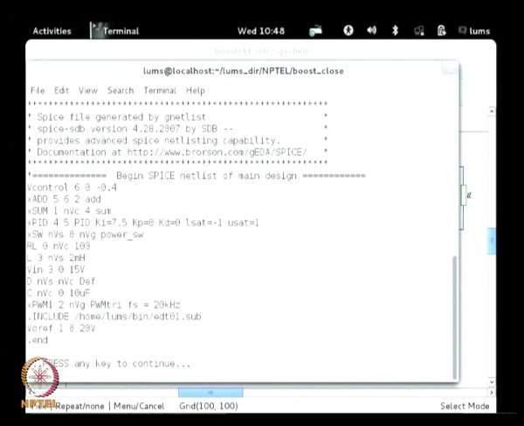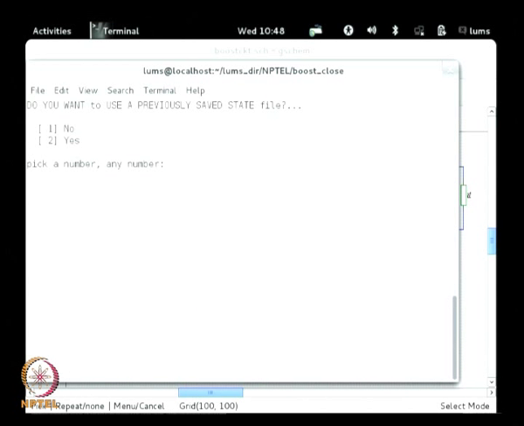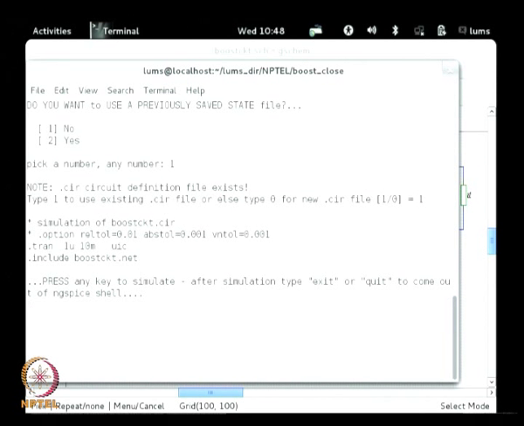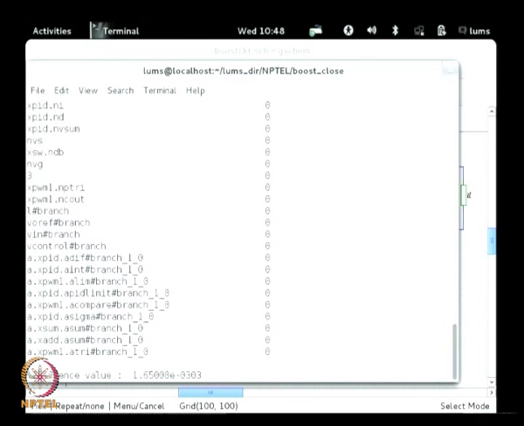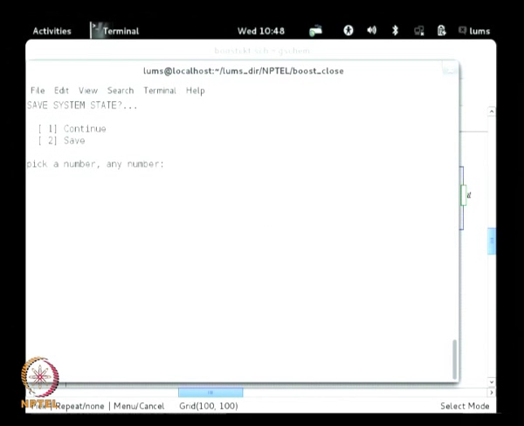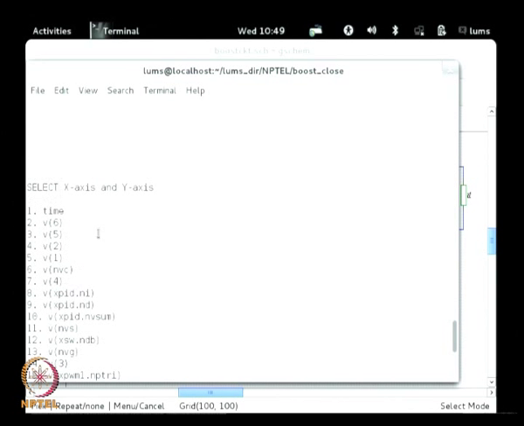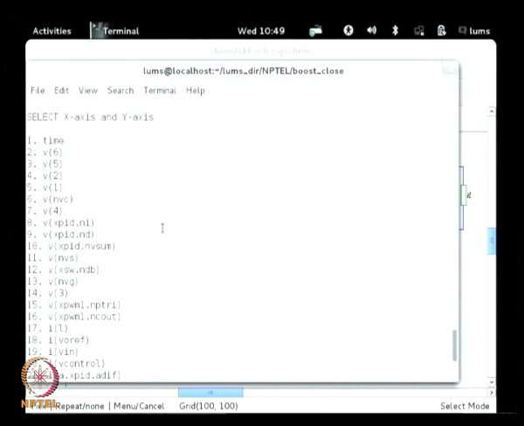When you run that, the first thing that will be done is the netlist will be generated, and later we go into the ngSPICE simulator engine, which performs the simulation, calculates all the node voltages and the branch currents, and gives you all the possible variables which can be observed.